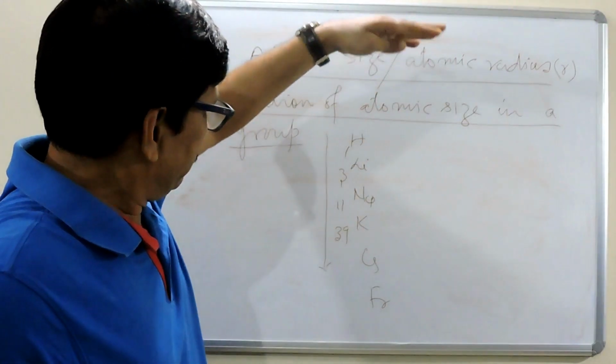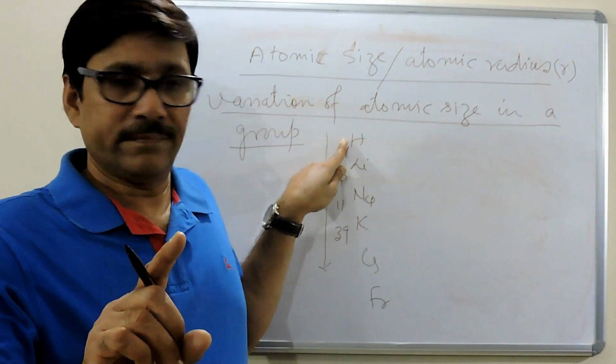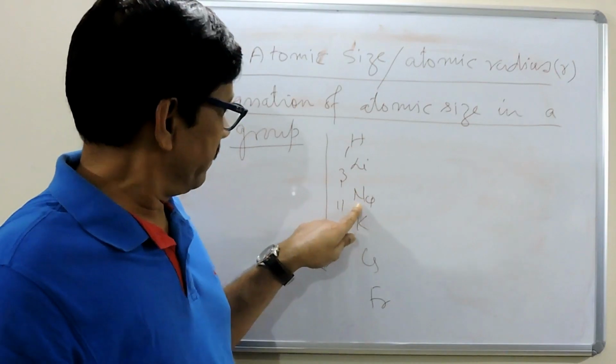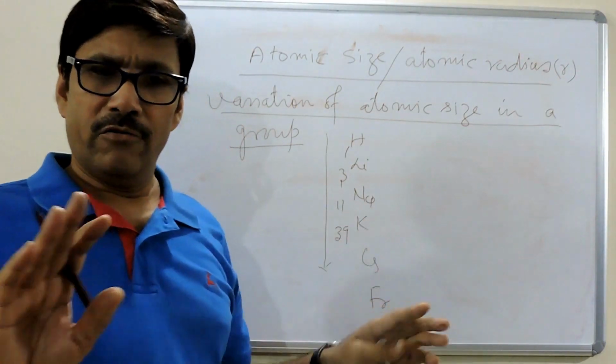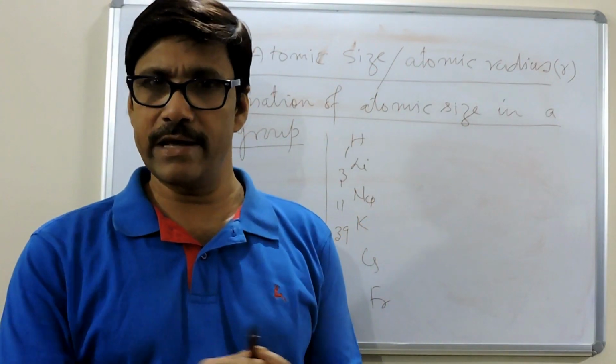As you move down a group, hydrogen has 1 shell, lithium has 2 shells, sodium has 3 shells. We have seen in standard 9, it's very easy to find out how many shells are there. We just write the electronic configuration.